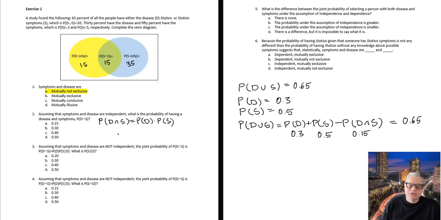So those are the assumptions under independence. That probability of disease 0.3 times 0.5, so that would be 0.15.